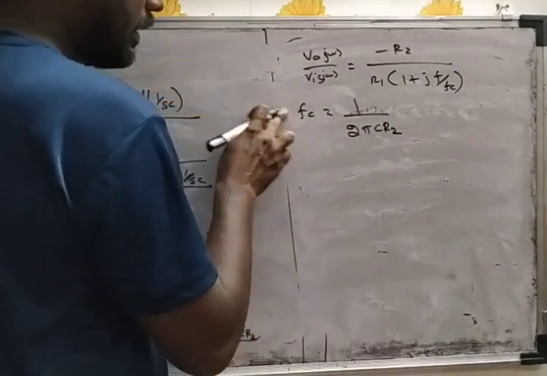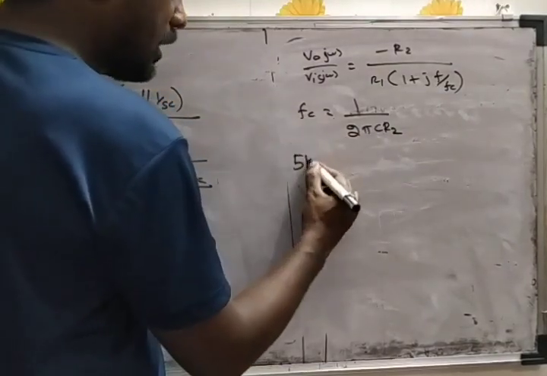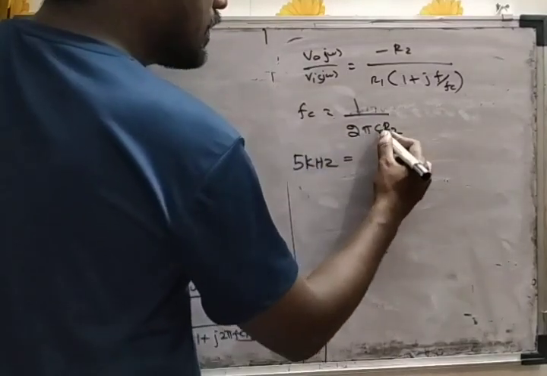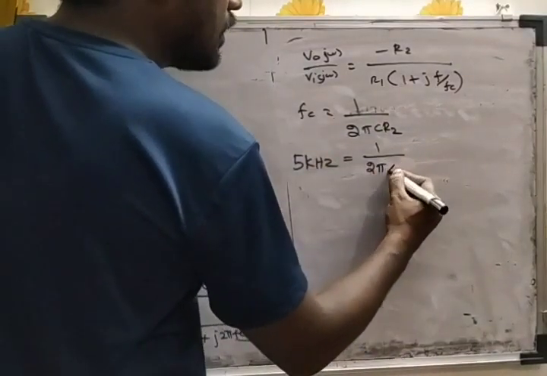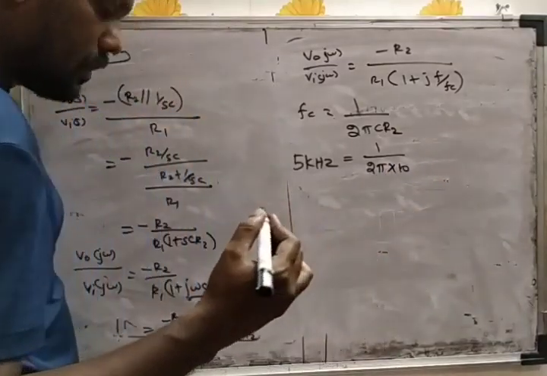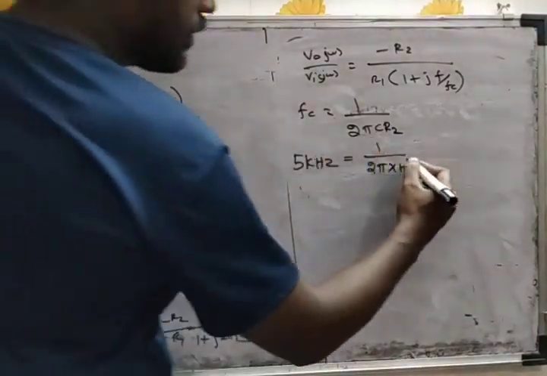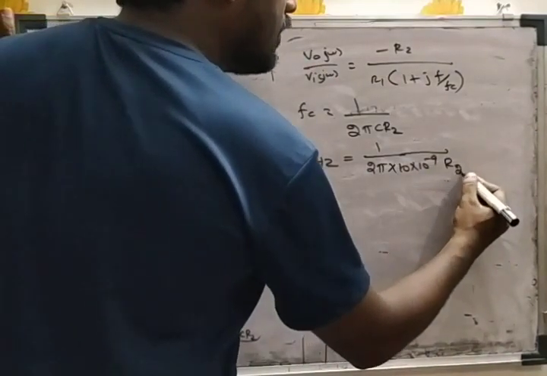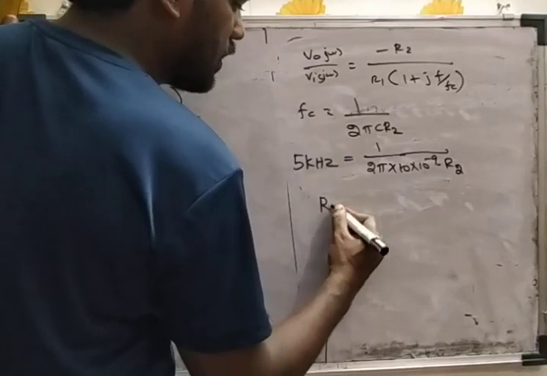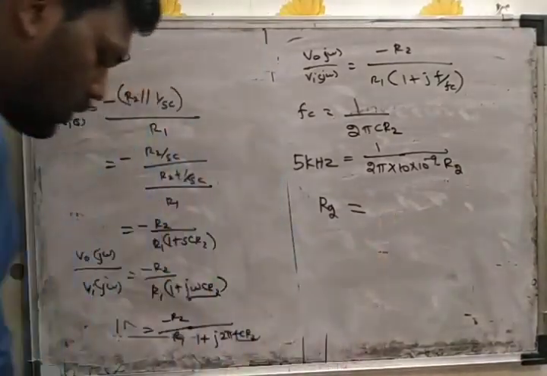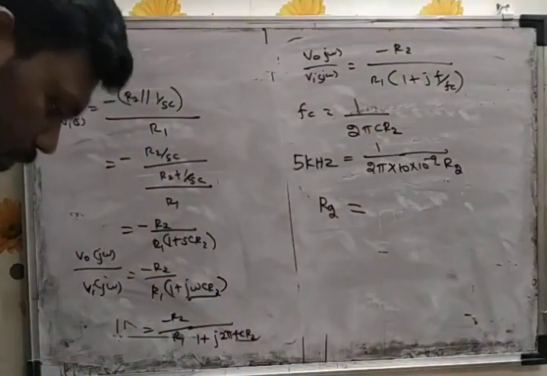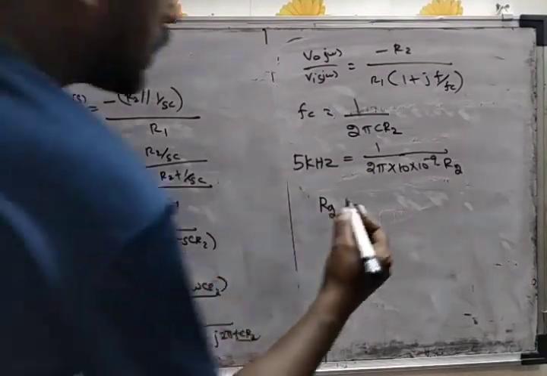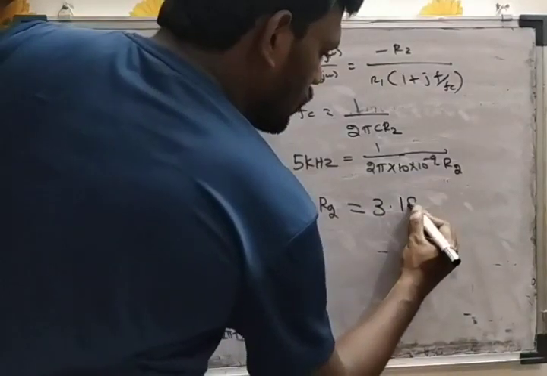We know F is equal to 5 kilohertz and C is equal to 10 nanofarad, and you have to find the value of R2. If you solve, you will get R2 equal to 3.18 kilo ohm.